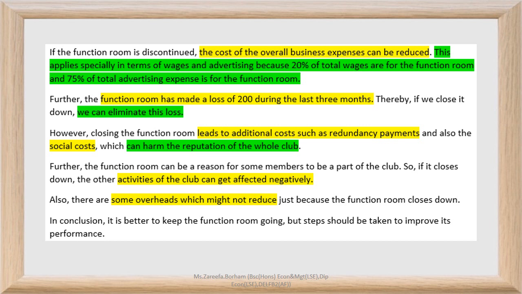Also, there are some overheads which might not reduce just because the function room closes down. In conclusion, it is better to keep the function room going, but steps should be taken to improve its performance. The yellow highlights are the fresh points in this case, whereas the green ones indicate the cause and effect points.